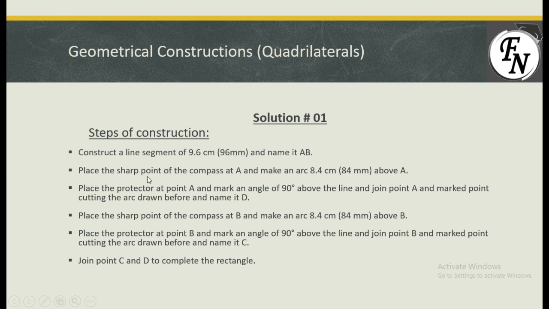After that, we place the sharp point of the compass at A and make an arc of 8.4 centimeter, that is 84 millimeter, above A. Then place the protractor at point A and mark an angle of 90 degree above the line, and join point A to the point cutting the arc drawn before, and name it D. This is again a property: the rectangle has 90 degree at all the ends, so we can use that property to construct our rectangle.